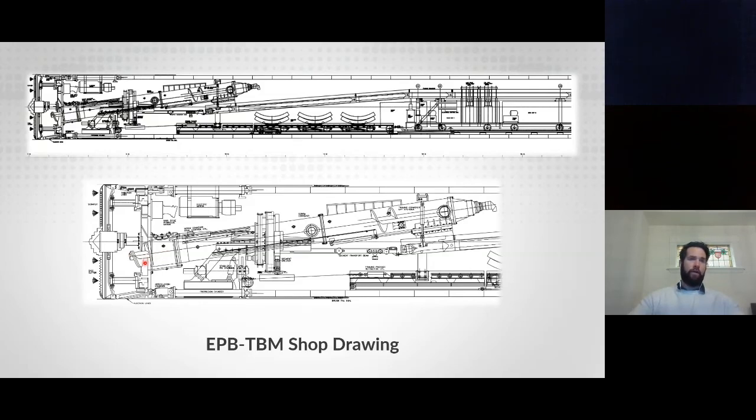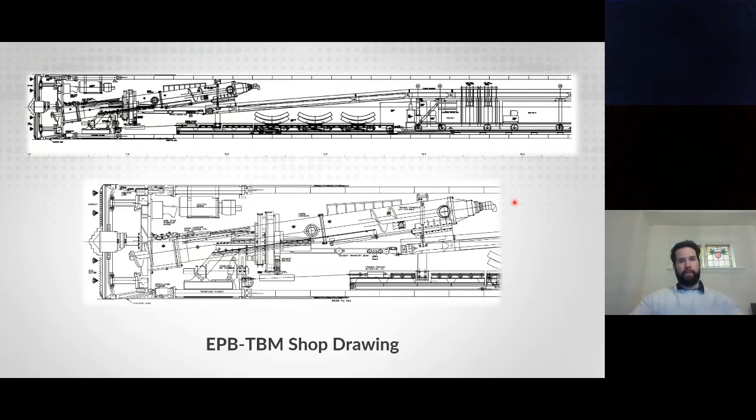However, the largest boulder size or cobble that this screw conveyor can take is only 240 mil. So, for instance, if you take a 900 mil boulder that the machine excavated, by the time it gets through the screw conveyor and out into the muck cart, the maximum size is 240 mil.